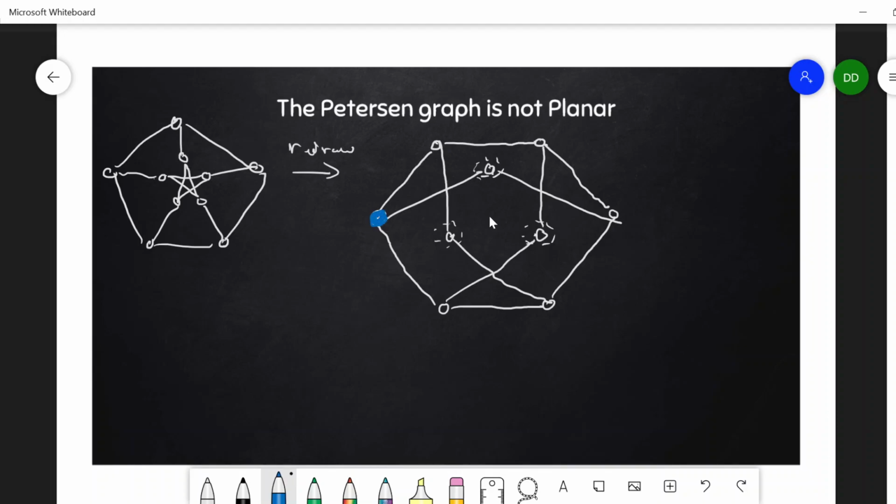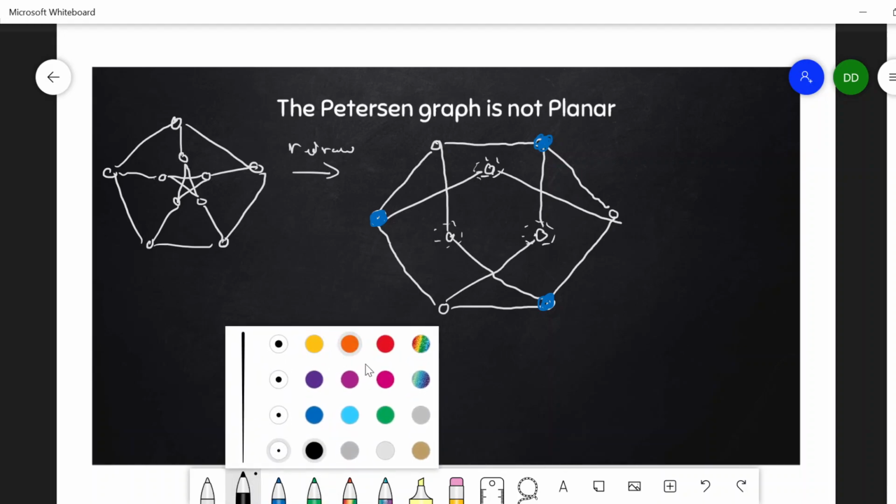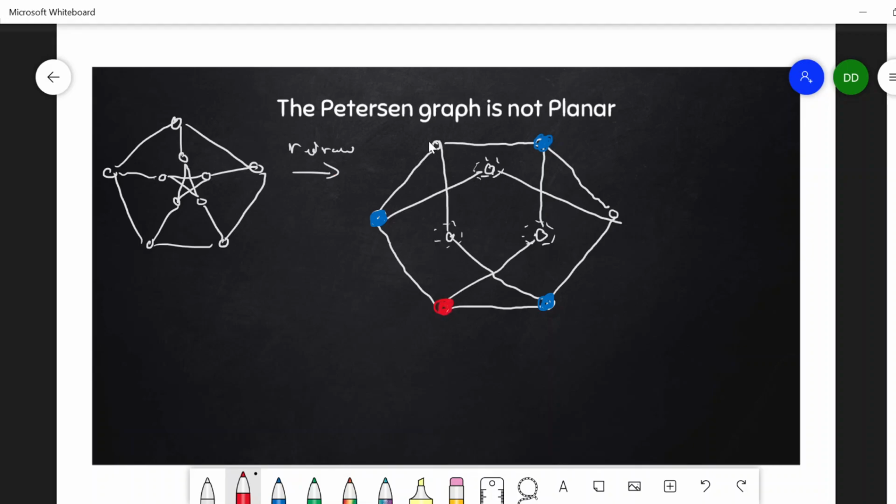I want to identify my partite sets. So blue, it's not adjacent to this one or this one. So those are my 2 partite sets. And then I'll use, how about red here? So these 2 are not adjacent, and they're not adjacent to this one. So these are my partite sets.